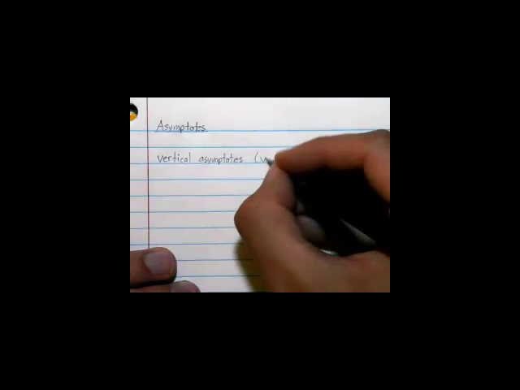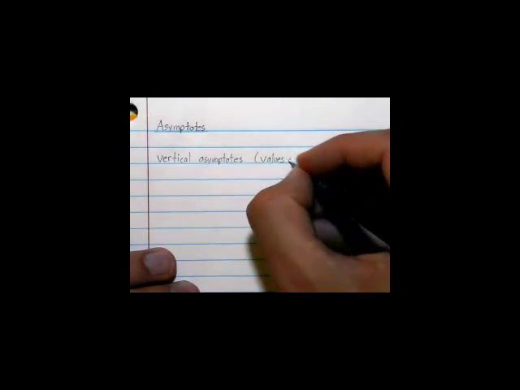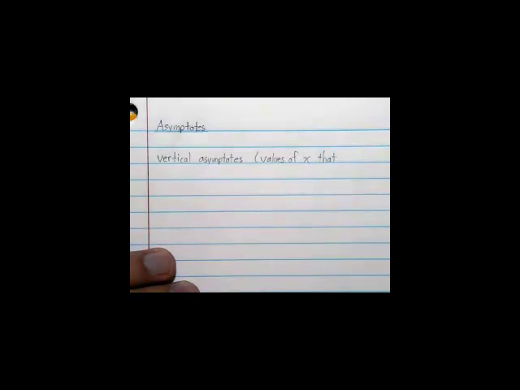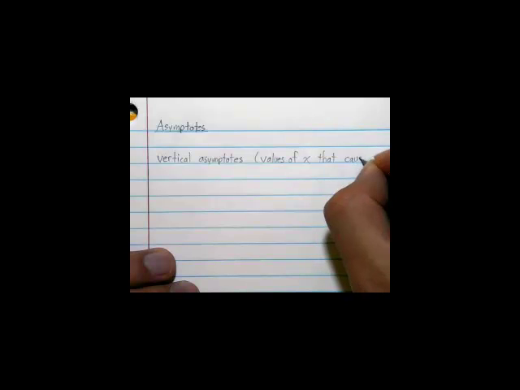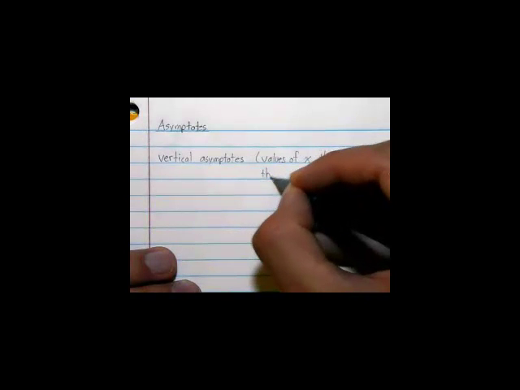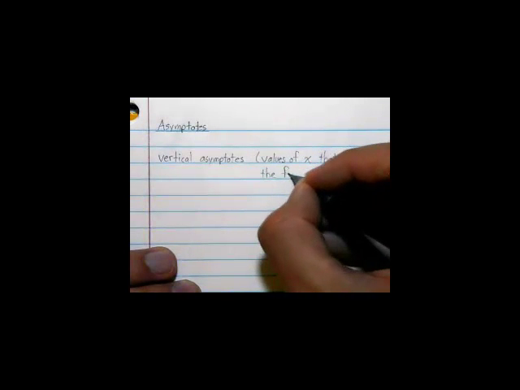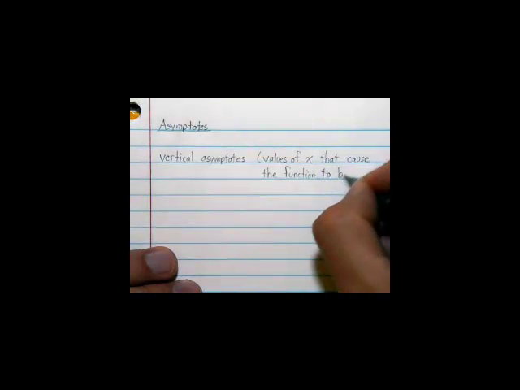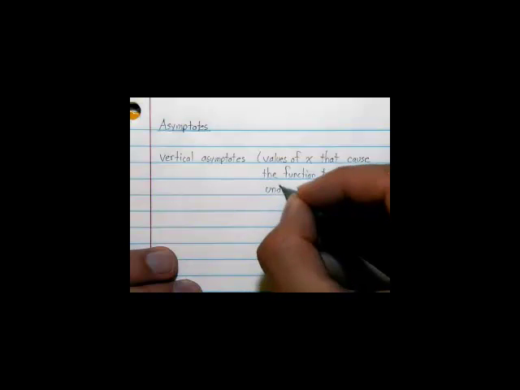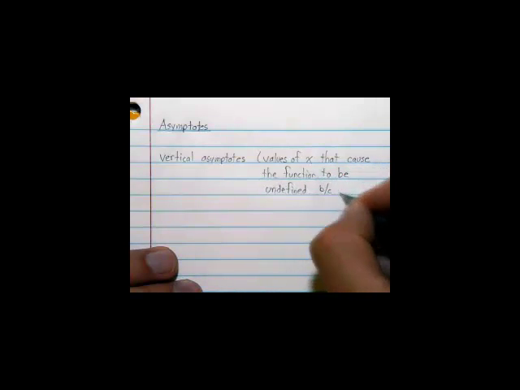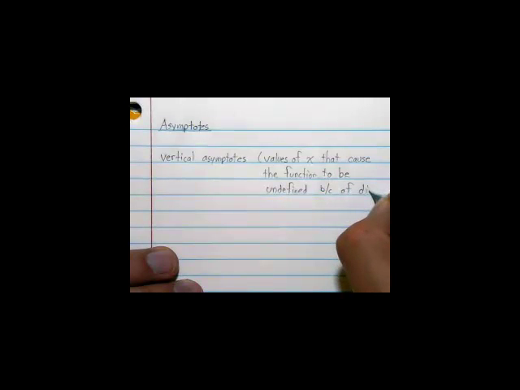So, values of x, so basically, I guess in general, they're values of x that caused the function to be undefined. Because of dividing by 0.